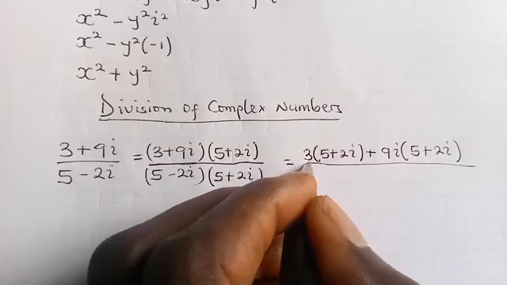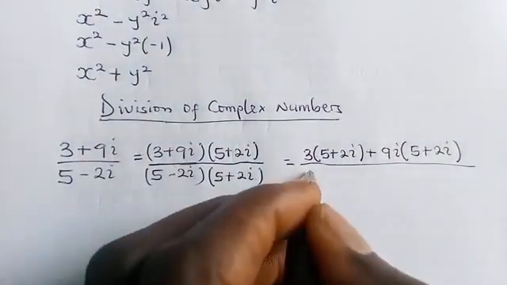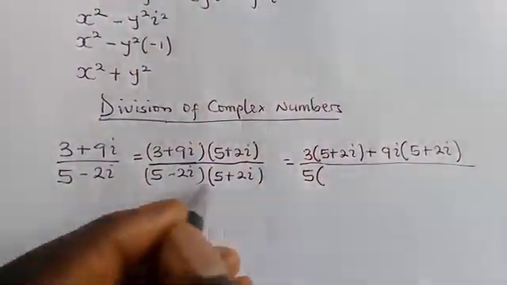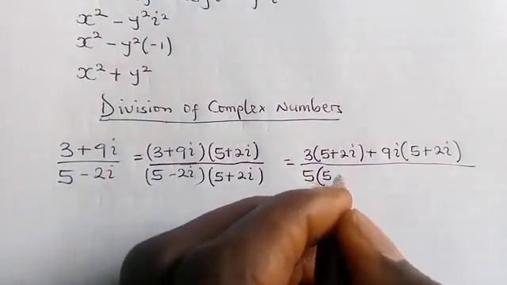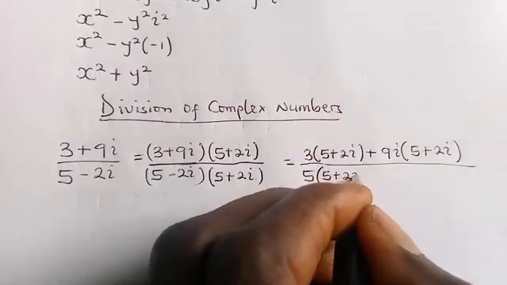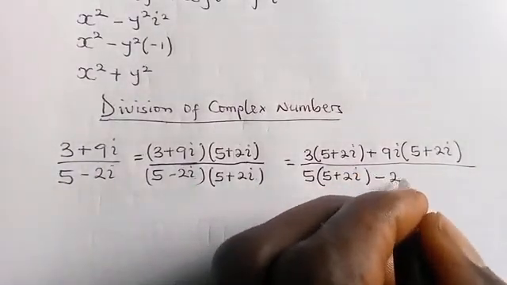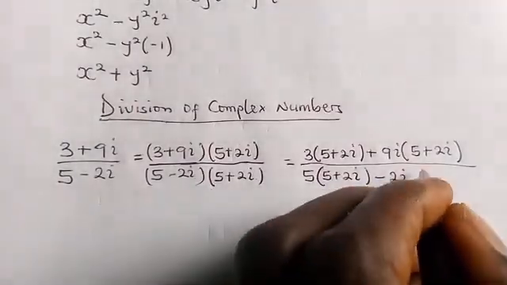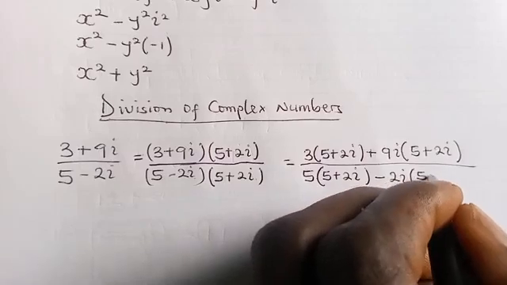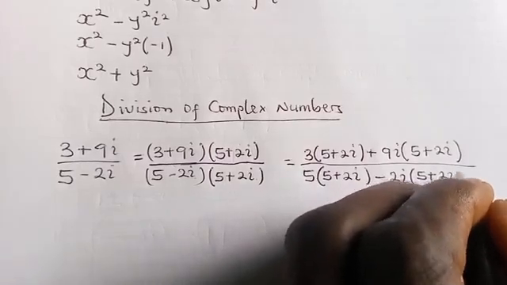All divided by the same thing in the denominator. We are going to have 5 multiplying 5 plus 2i. Then we'll have minus 2i multiplying 5 plus 2i.